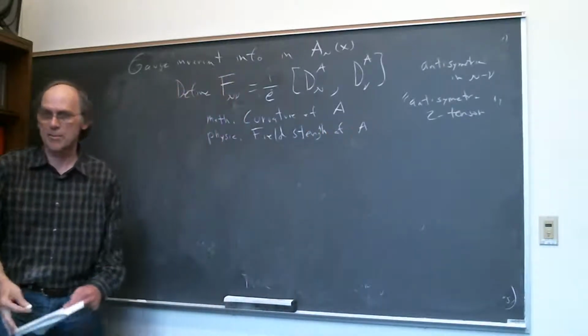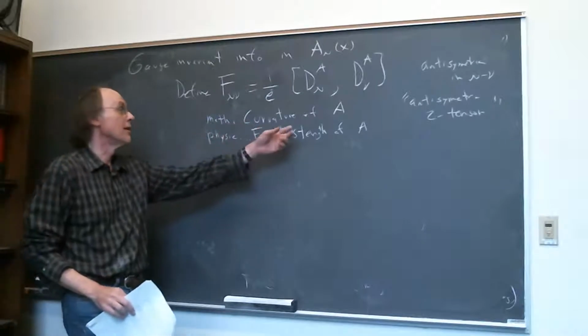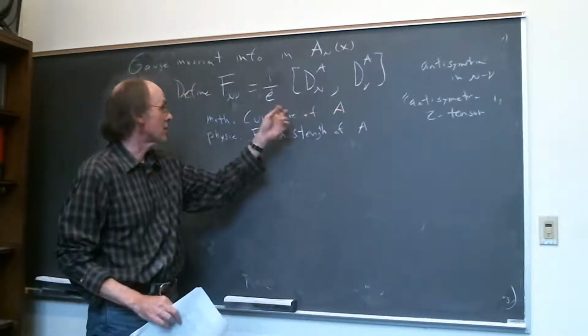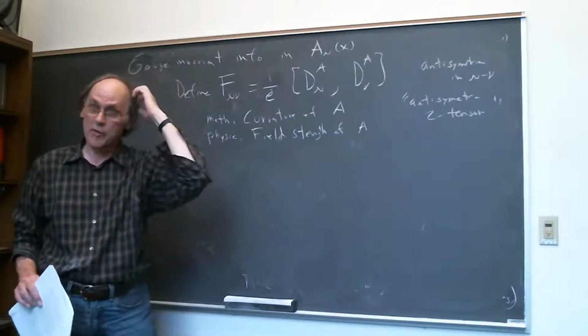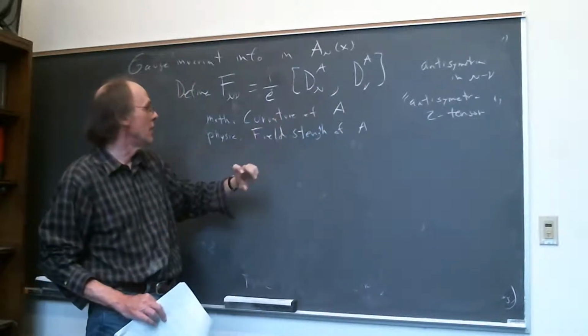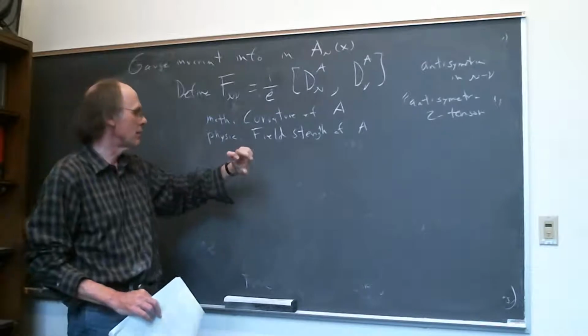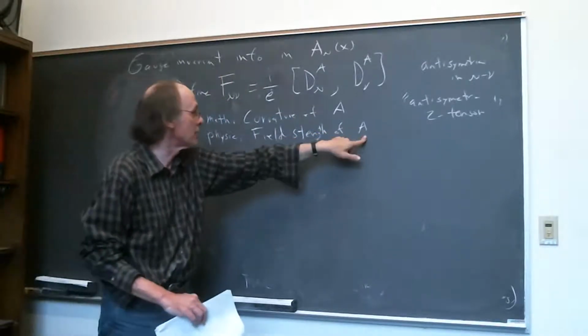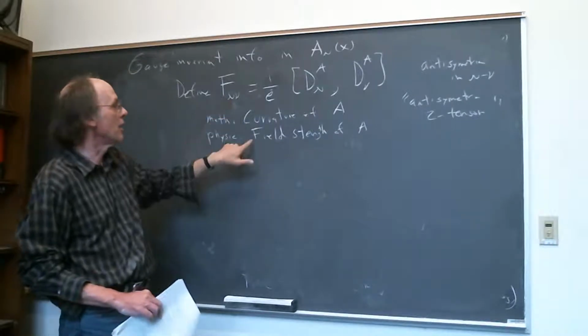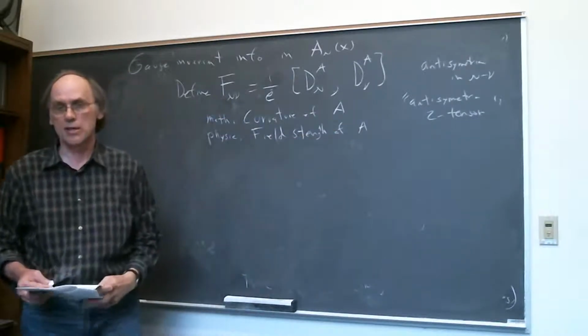That's just mathematicians' and physicists' terminology: if A is a connection, and you take the commutator of the covariant derivatives, you call that the curvature, and maybe I'll explain a little bit about why. Or if you're doing physics, you say, well, you've got a vector potential, and you compute this guy, and you get something called the field strength.